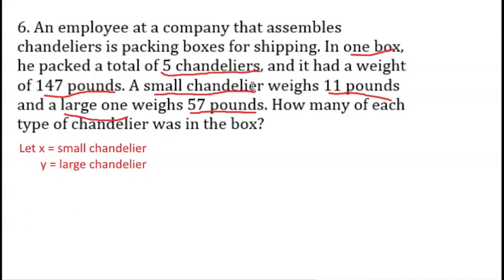So in this box we have 5 chandeliers. So that means that X plus Y would equal the total, 5.